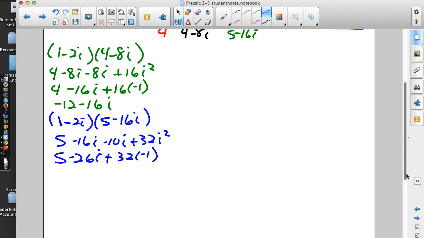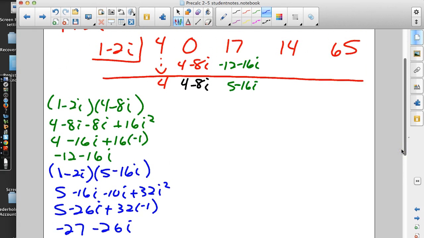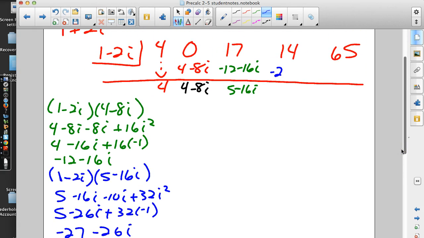So we'll really have 5 minus 32, which will be negative 27, minus 26i, which, you know, doesn't thrill us to death too much, but put it up here. So then we add real part to real part here, and that gives us negative 13 minus 26i.